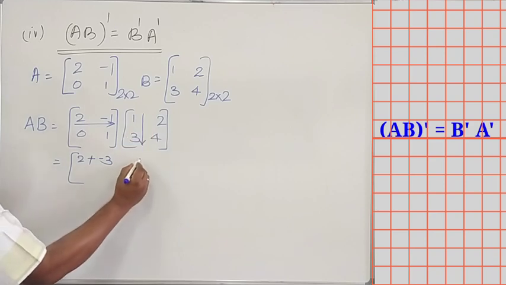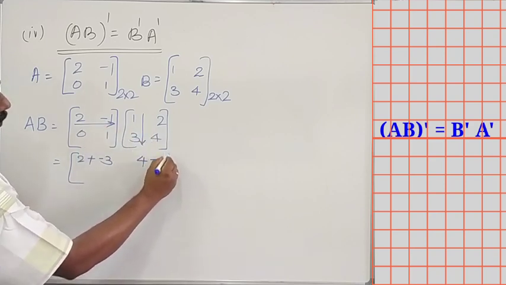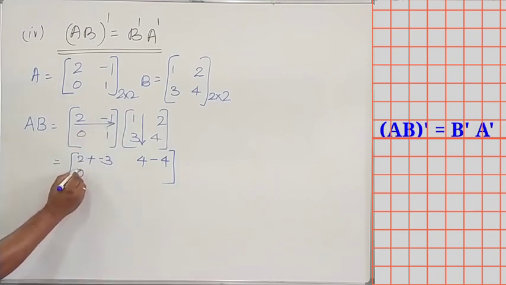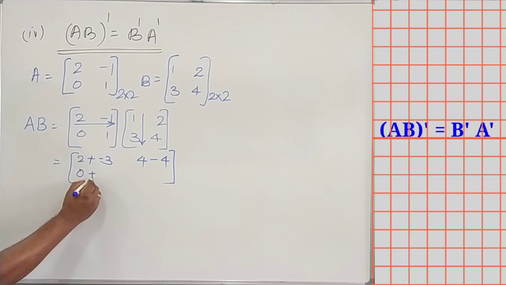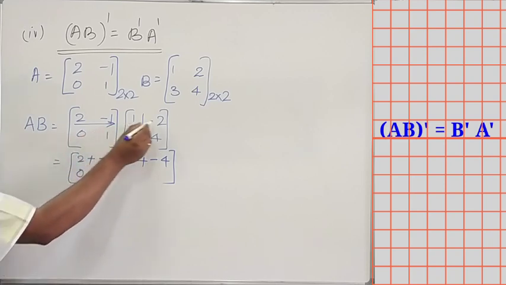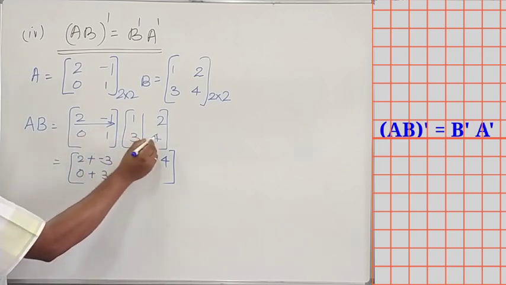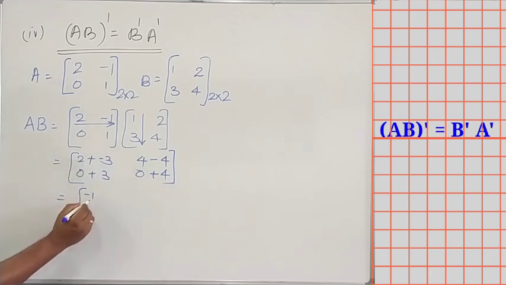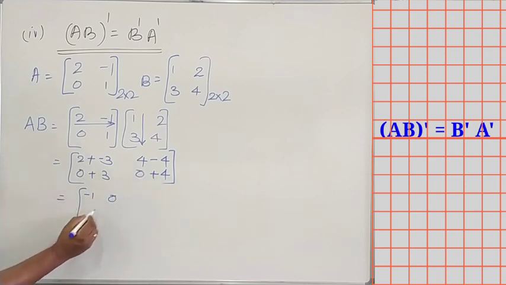On multiplying, we get 2 into 1, that is 2, plus minus 1 into 3, that is minus 3. We multiply in this order. Next, 2 into 2, that is 4, minus 1 into 4, that is minus 4. 0 into 1, that is 0. 1 into 3, that is 3. Next, 0 into 2, that is 0. 1 into 4 is 4. Simplify it, we get 2 plus minus 3, that is minus 1, this is 0 and 3, 4.